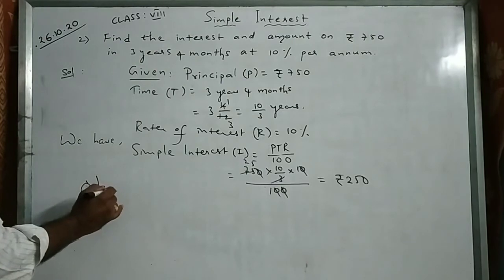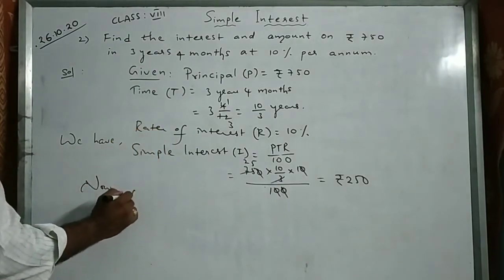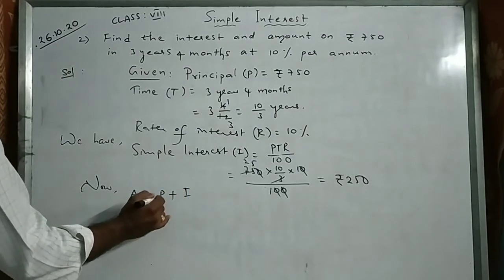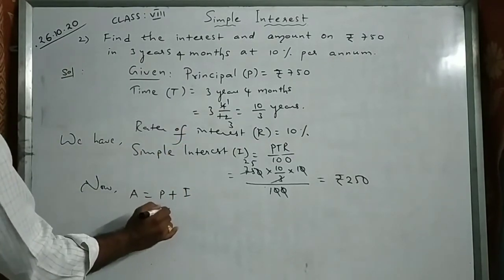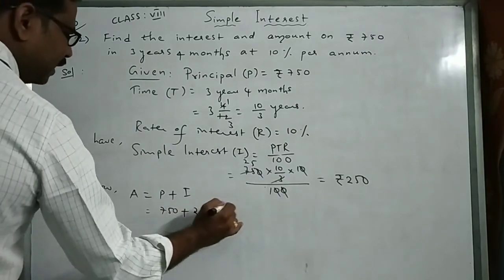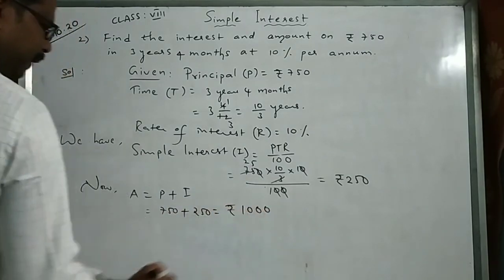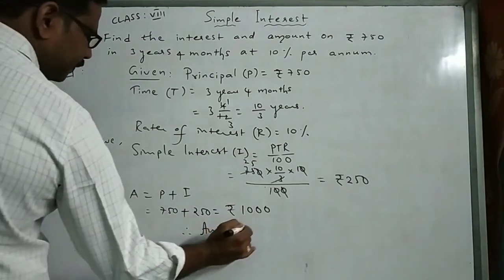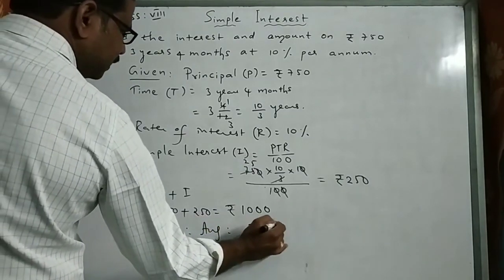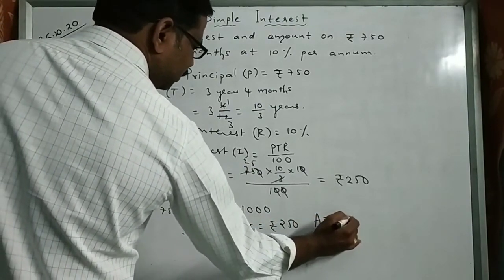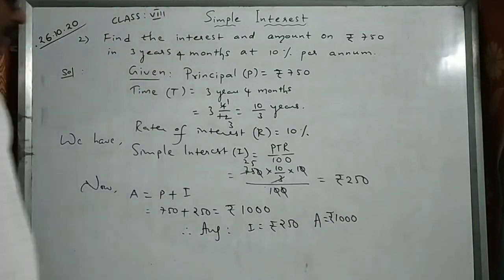Now, what is the amount to be paid back? A equal to principal amount plus interest. What I have taken, this 750, plus interest on that is 250. So together how much I should pay? Rupees 1000 should be paid. Therefore answer is I equal to rupees 250 interest and amount A equal to 1000.